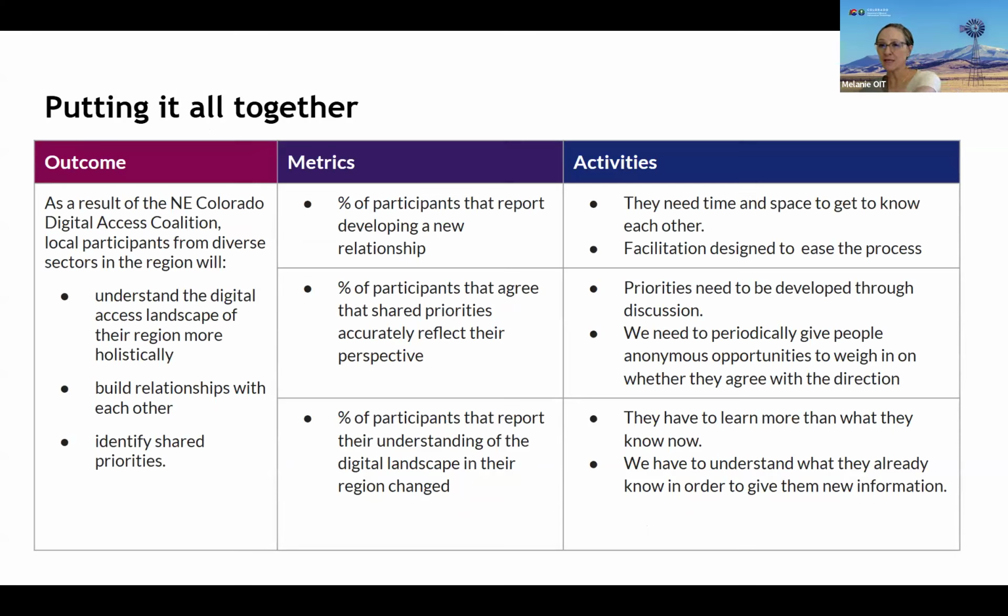The metrics that we've designed match 1-to-1 with these 3 bullet points. And then there are some activities that will get us to the metrics that get us to the outcomes that we want. So you can look at this either from outcomes to activities or backwards, but they should go back and forth if you need them to. Okay. Next slide, please.